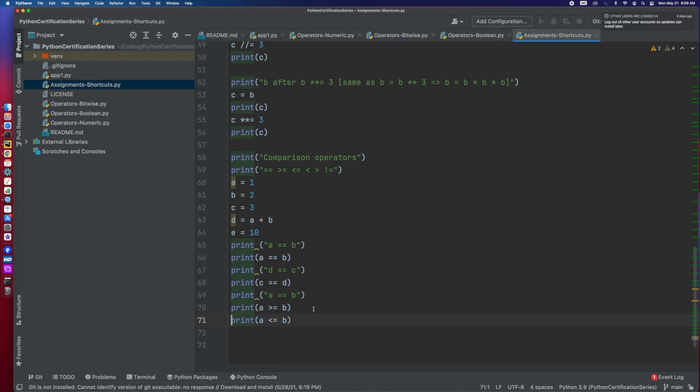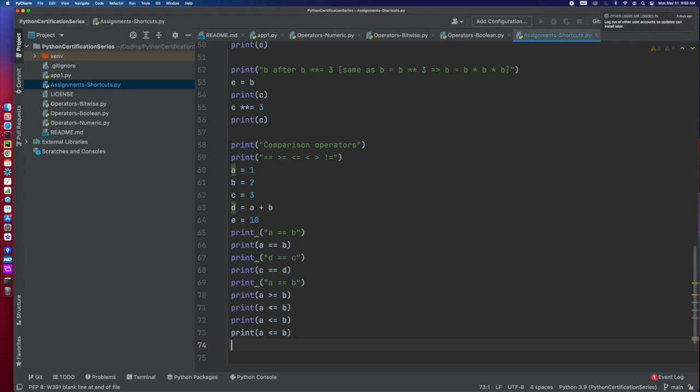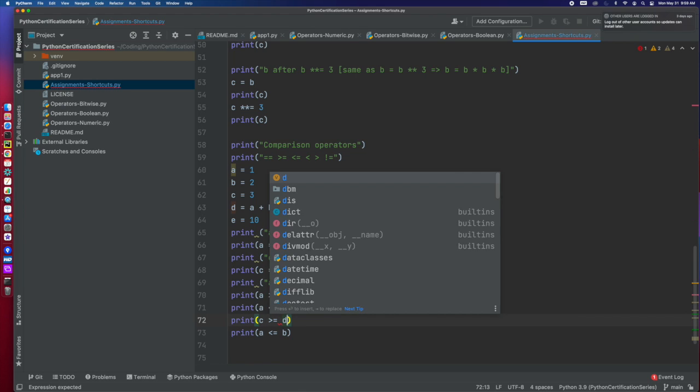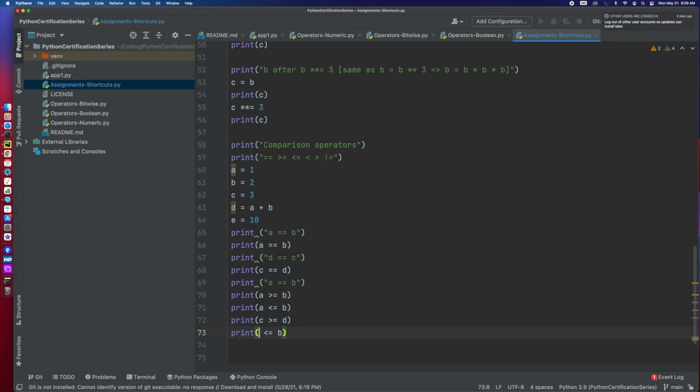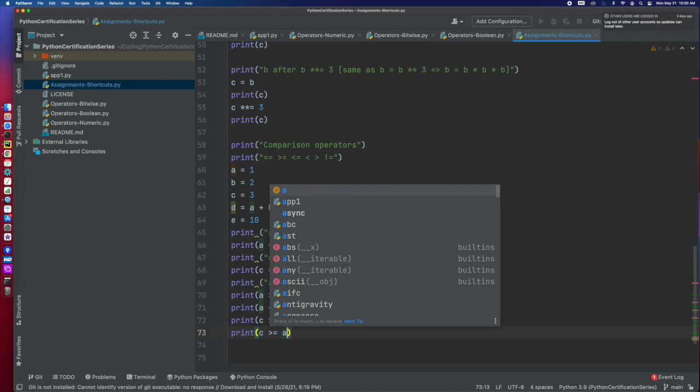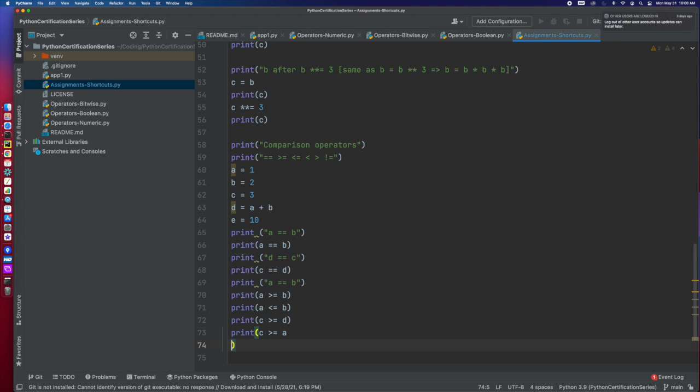And so we can also take, let's do a couple here. So back to that one we did before. So we could say if C is greater than or equal to D, and then also C is greater than or equal to A. Whoop.